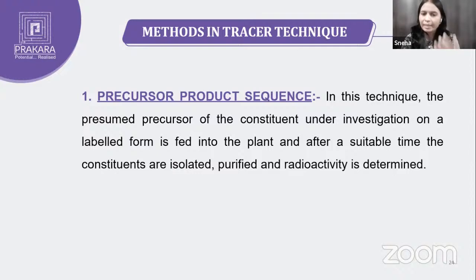Final secondary metabolites will be isolated, purified, and the radioactivity of that final product will be determined, and we will check whether that compound has radioactivity or not. If it is there, it means the introduced compound directly entered into the biosynthetic pathway. This is precursor product sequence, meaning whatever precursor we have added, it came into the final product and that we have identified.